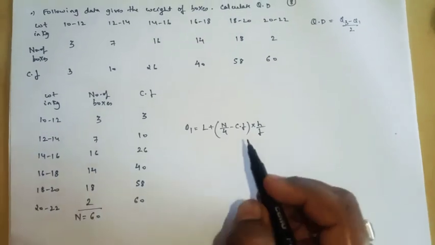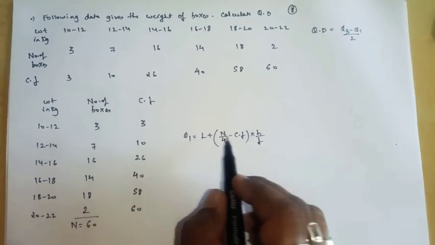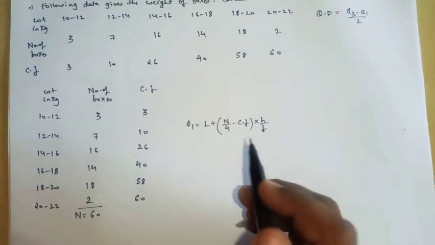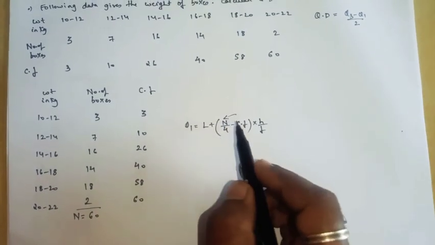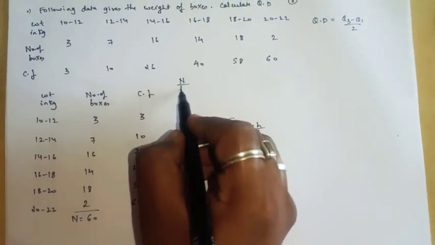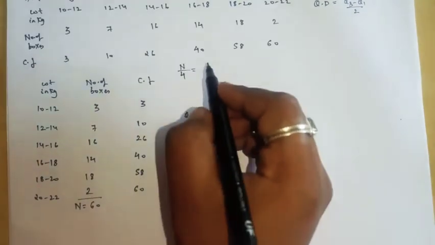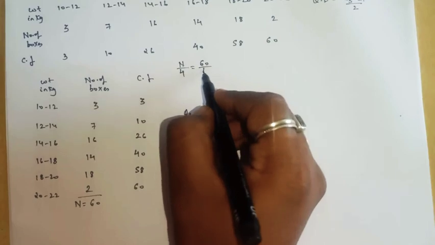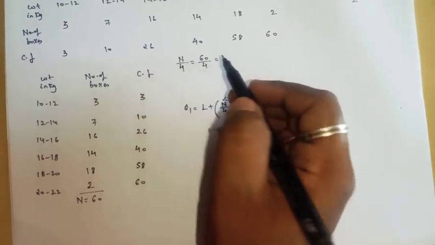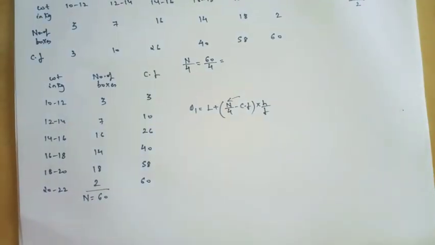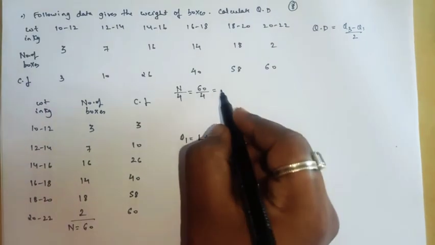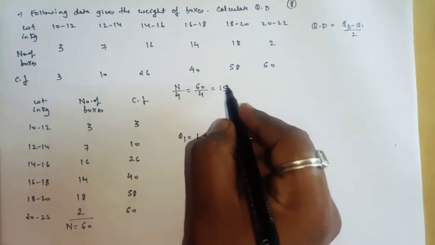Without knowing all these values we cannot find the answer. So first we'll take N upon 4 separately, and with the help of this we can easily find the remaining values. Here N is 60 upon 4, so 60 upon 4 gives 15.